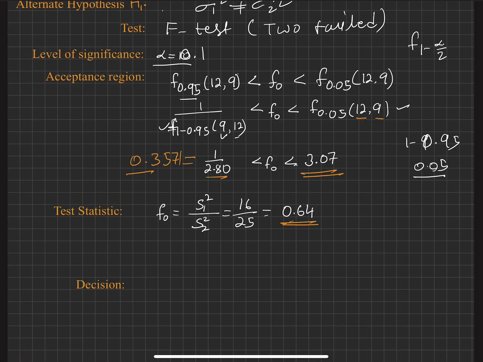That means our conclusion will be: do not reject the null hypothesis. That is, there is no conclusive evidence to say that the variances of the two populations are different.